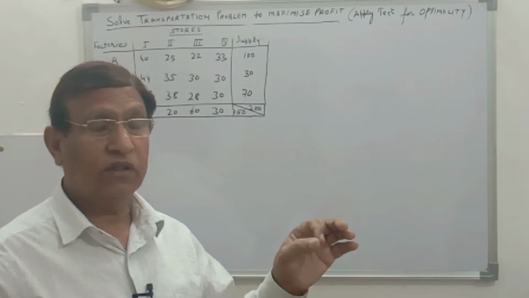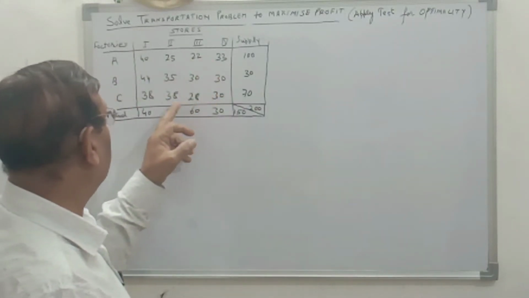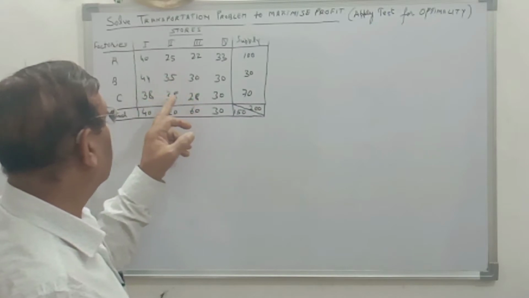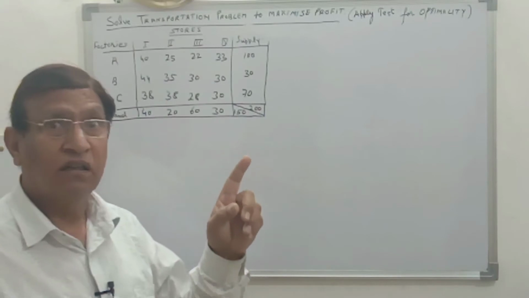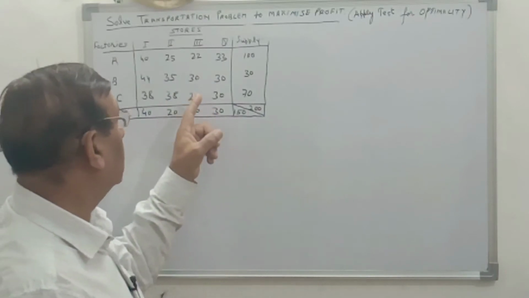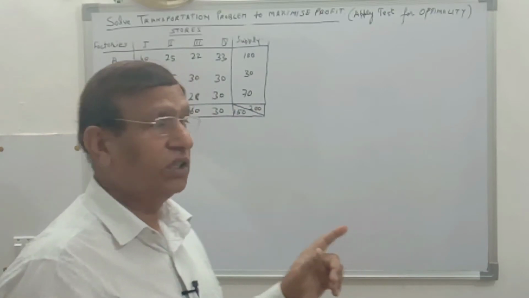The technique for that is subtracting all the elements of the given matrix from the highest element. Then we will get the transportation problem converted into minimization. Then we will proceed further.